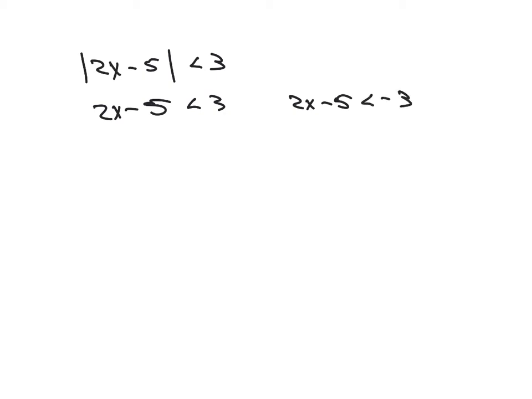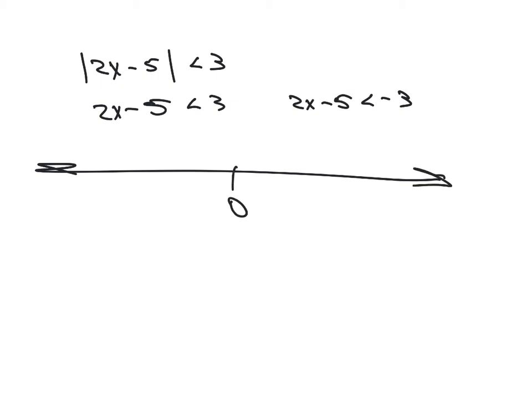So let's look at example 1. Okay, so we're going to write this very similar to what we did with the equalities, that 2x minus 5 is less than 3 units away, or 2x minus 5 is less than 3 and greater than negative 3. So again, if we draw our number line, we have 0.